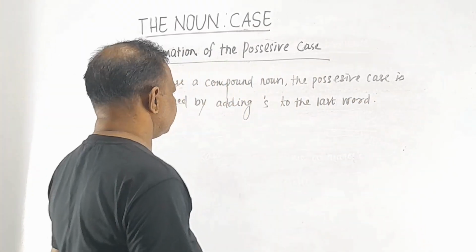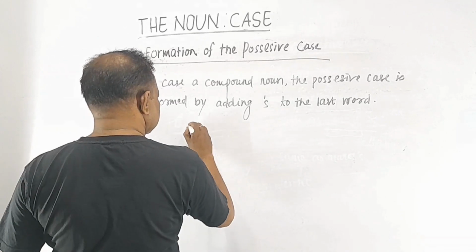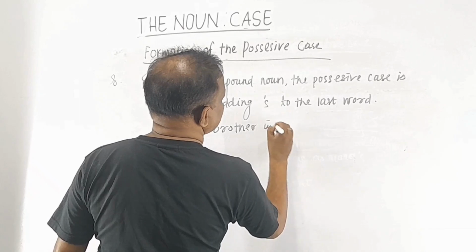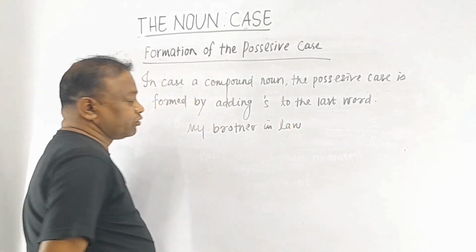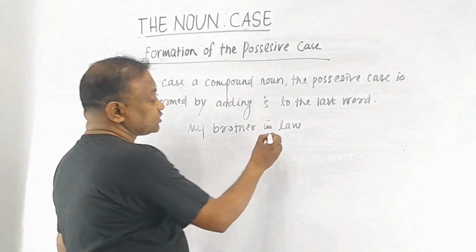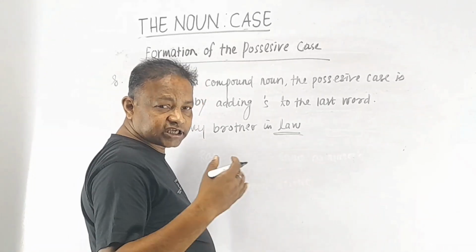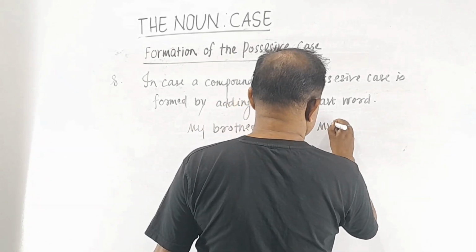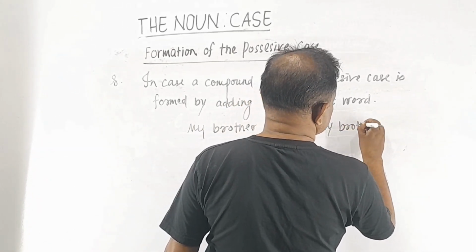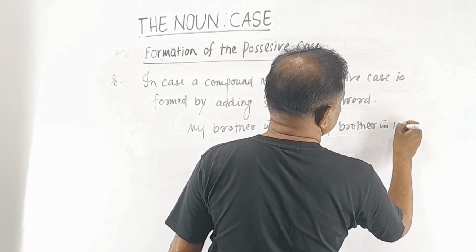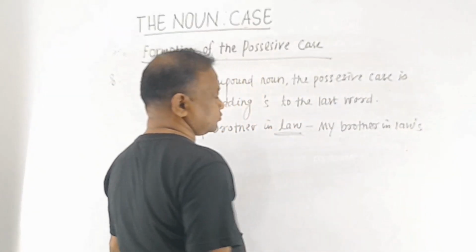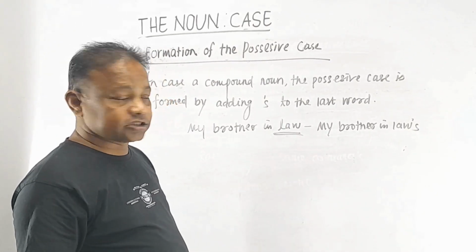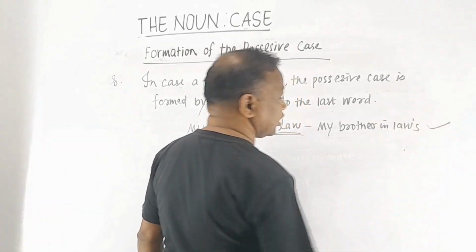Okay. For example, a compound noun, my brother-in-law. What is the last word? This one is the last word. So when you want to change this one into the possessive case, you need to write my brother-in-law's. You cannot write my brother's-in-law. This one is my brother-in-law's. Okay.